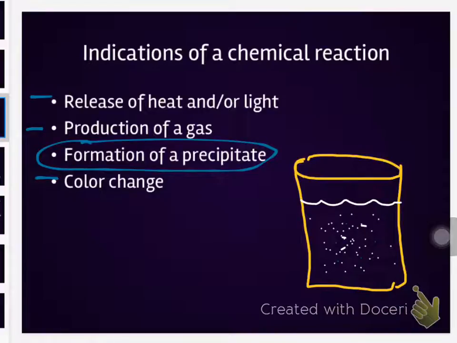You can have a solution of multiple ionic compounds, and then when you put them together and it suddenly goes cloudy, that's what we think of as the formation of a precipitate. In some cases, that precipitate is so heavy that it will all settle out and you'll get a layer on the bottom. Okay, that doesn't always happen. Just a solution turning cloudy is indication of a reaction because that is formation of a precipitate.